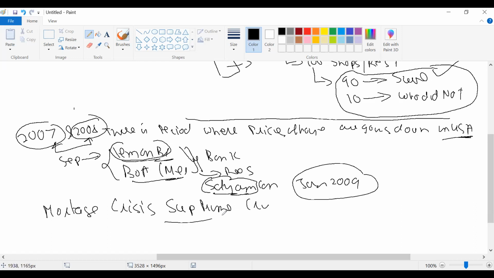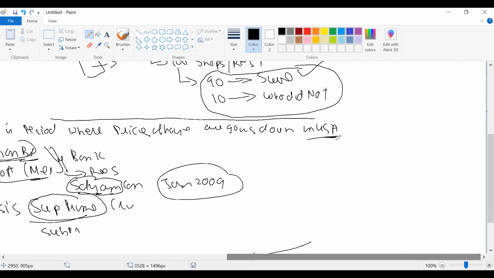Subprime crisis. Subprime means subprime loan. Subprime means जो prime नहीं है. Subprime means secondary loans, जो loans ज्यादा अच्छे नहीं है. So what was happening? Suppose करो तुमने एक house खरीदा $10,000 में. You bought this house for $10,000 and you had taken a loan of $9,000.